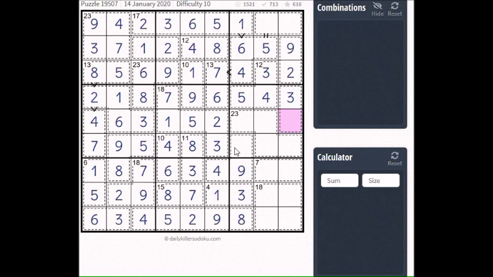The remaining sum here is 10. So here we have 2 and 7. So this is 8. The 8 will make this 7, 8.